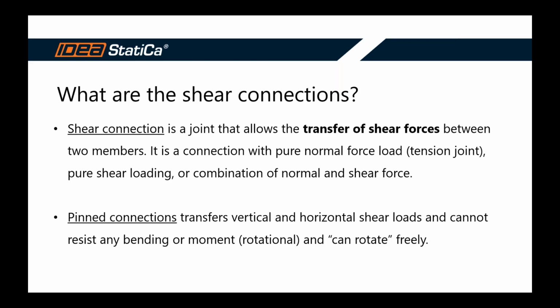They can be loaded by a pure normal force load, so we call them tension joints, or pure shear loading, or a combination of that. A special group of shear connections are the pinned connections, which also transfer only shear force and cannot resist any bending moment. So they can really rotate freely, or at least they seem so.